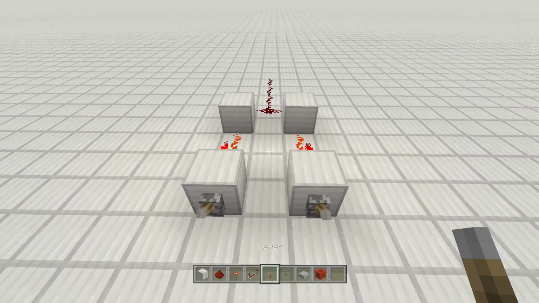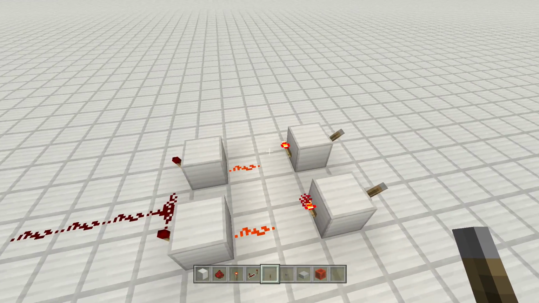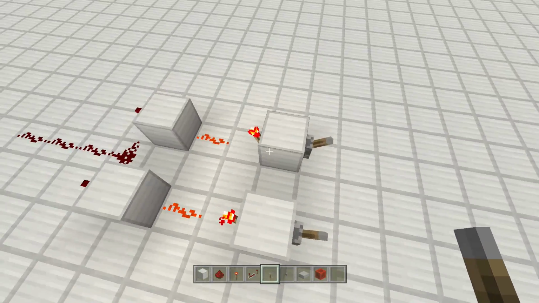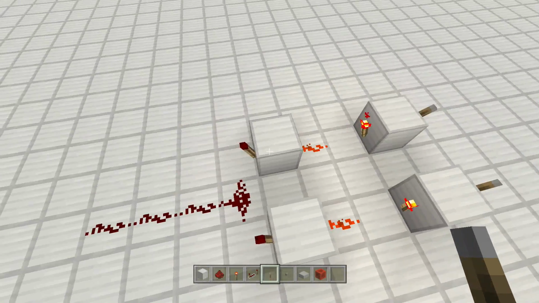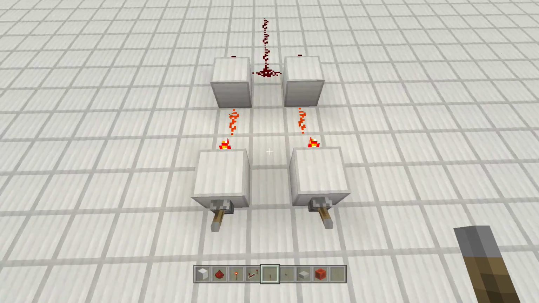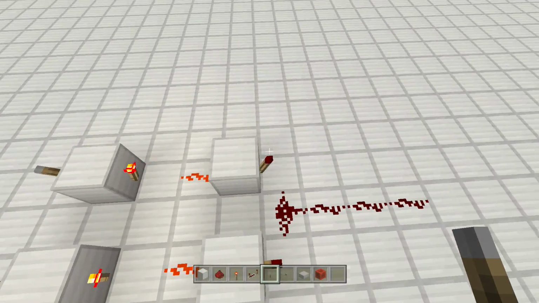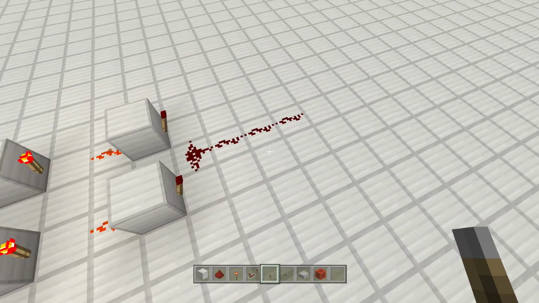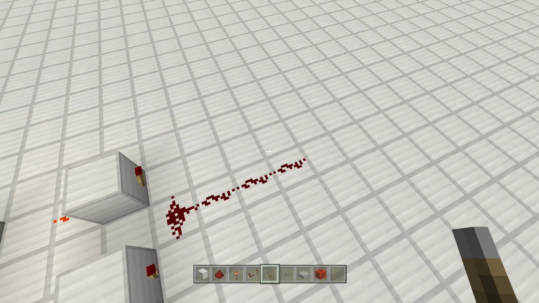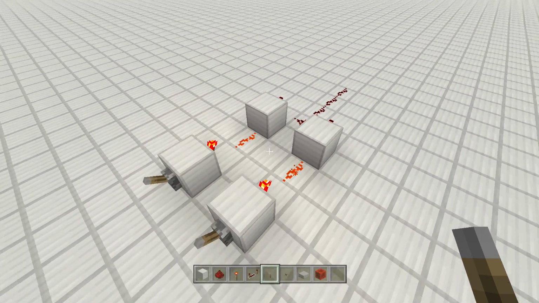So you always have two inputs, or three or four, but it's a minimum of two. If you only have one input, it would just be a repeater. But now since you've got two inputs, make them go into two inverters or two NOT gates, so that the signal from the output doesn't flow back into the inputs, so that it only goes one way.